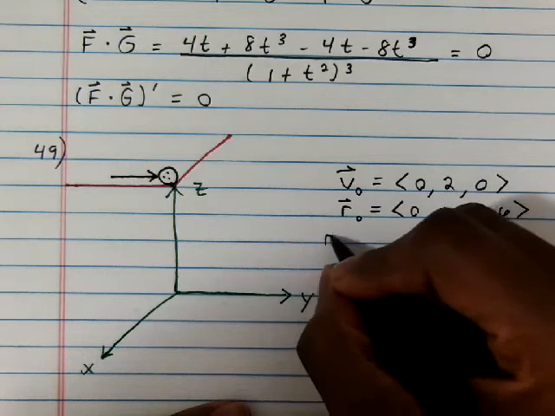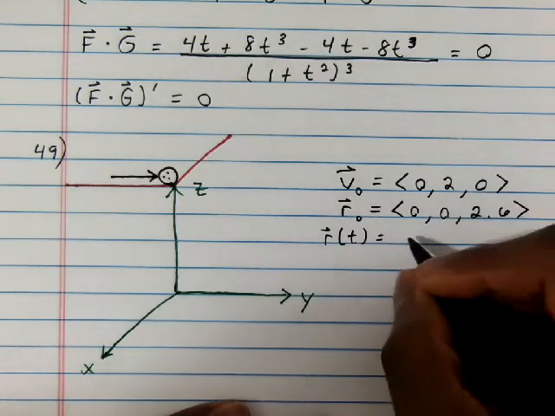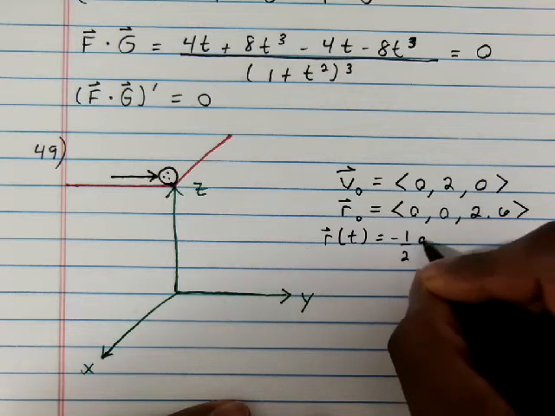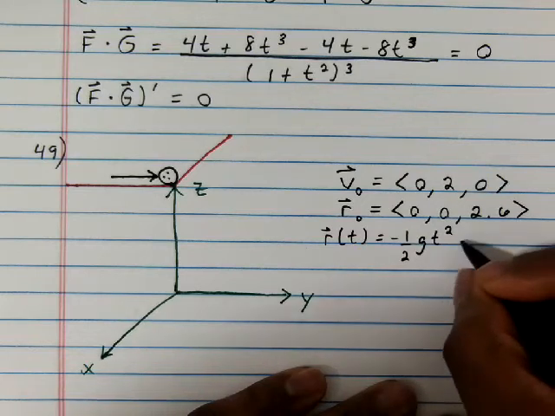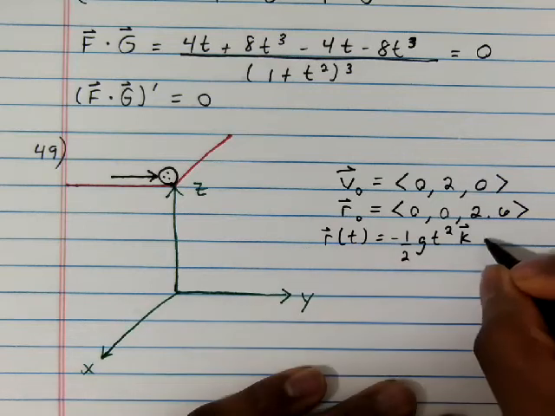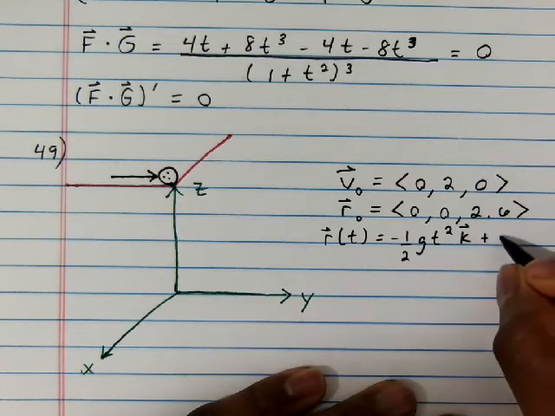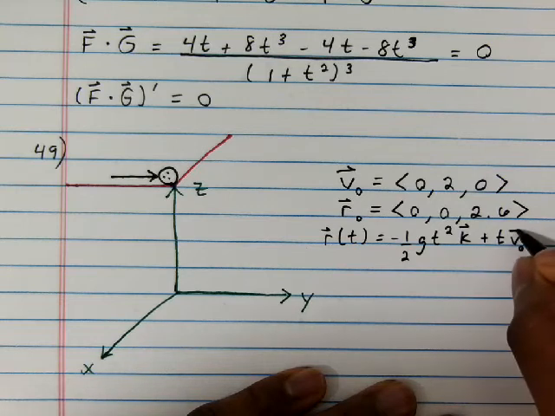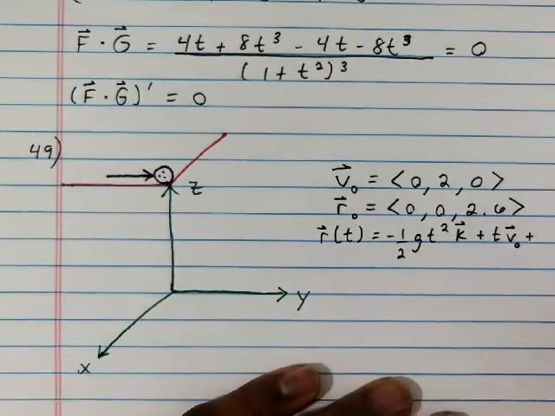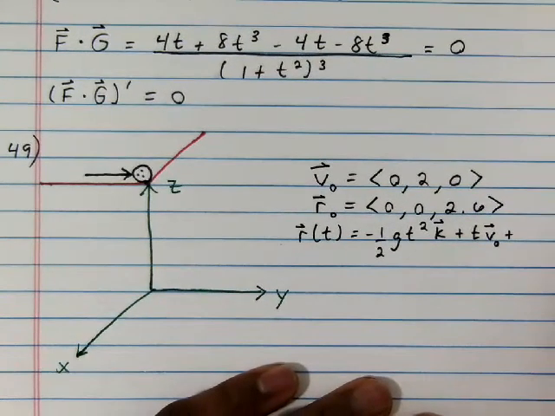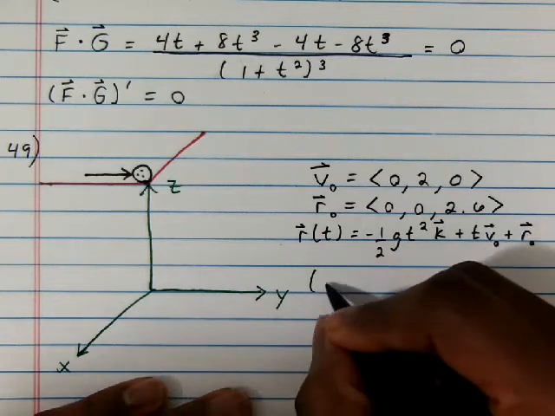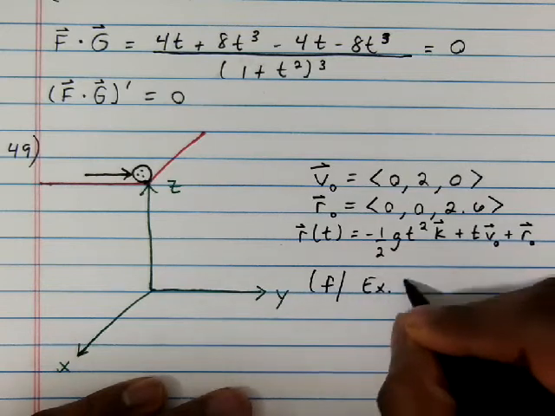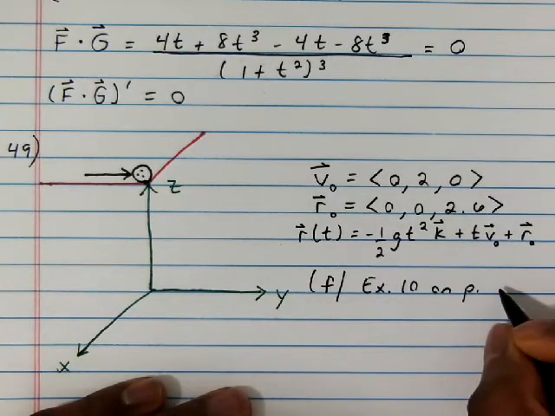So they tell us that r of t equals negative 1/2 g, where g is gravity, t squared k, and I'm going to write it the way they have in the book, and then I'll change it to the way I tend to write things, plus t times the vector v naught plus the vector r naught. This is from example 10 on page 775.